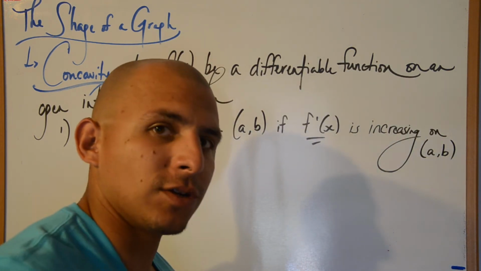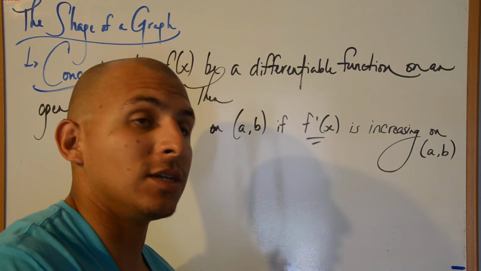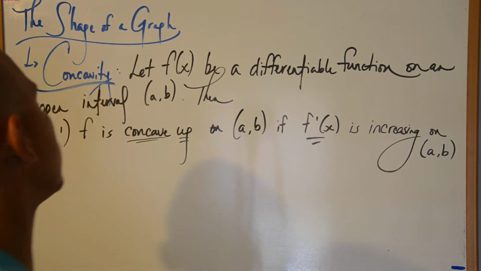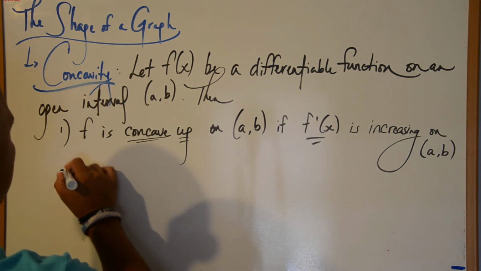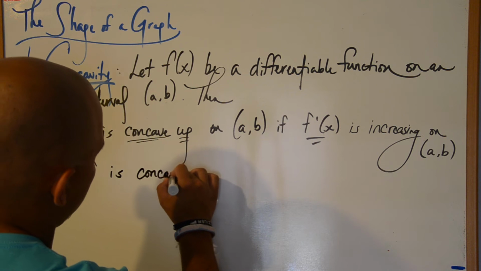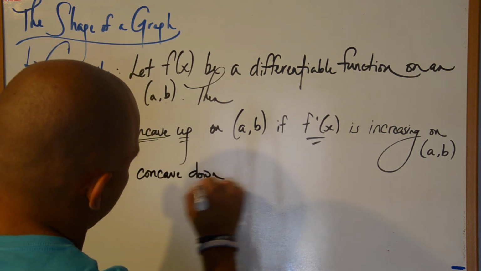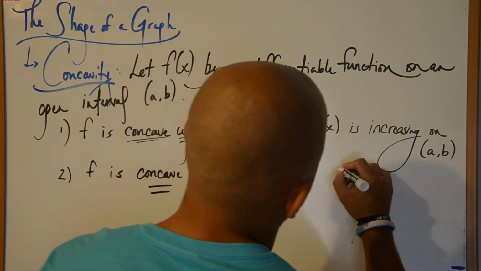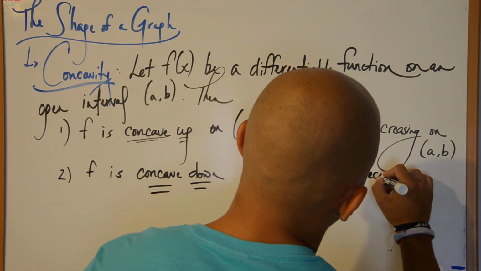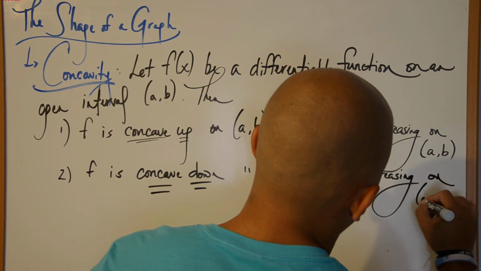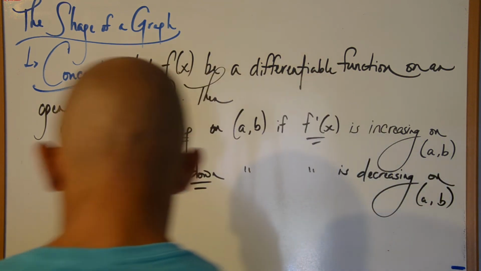And this kind of makes sense, right? The slopes of the tangent lines are increasing, so if the function behavior of the derivative is increasing, it correlates. And vice versa. F is concave down on AB if f prime of x is decreasing on AB.